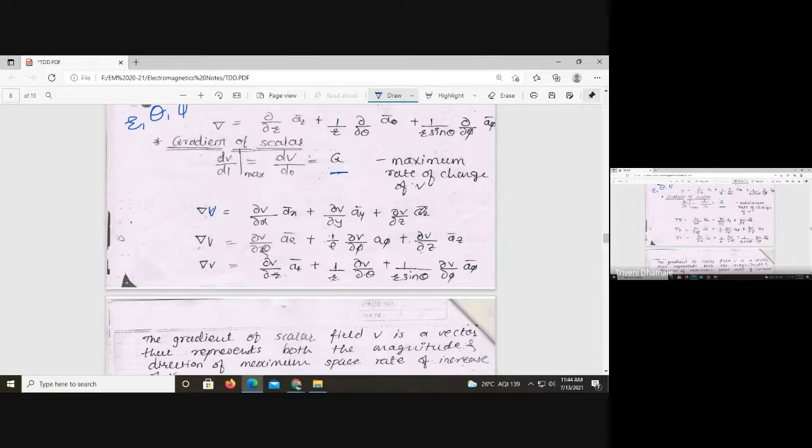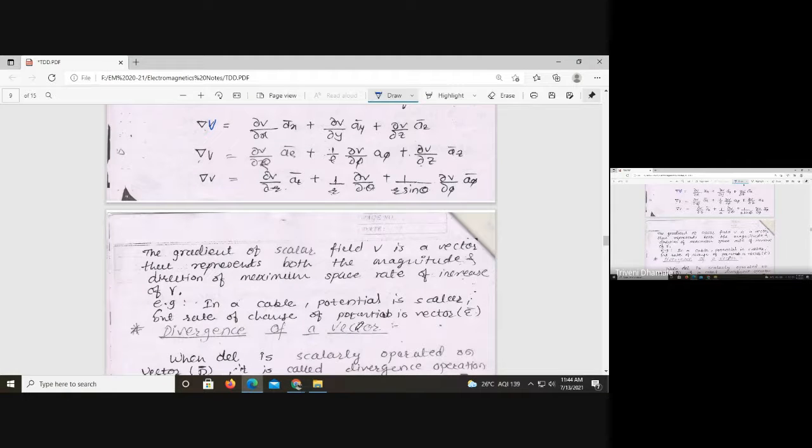With the help of this example, I think it will be clear that potential is a scalar quantity, but the rate of change of potential dV by dl gives the electric field. The potential change in the cable generates the electric field, that is the vector E bar. The gradient of a scalar field V is a vector that represents both the magnitude and direction of the maximum space rate of increase of V. This is the definition of the gradient of V.